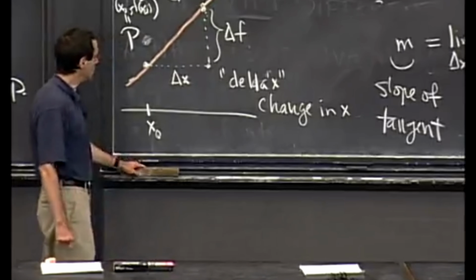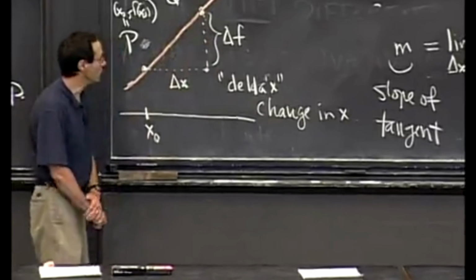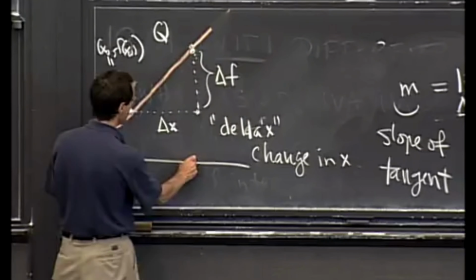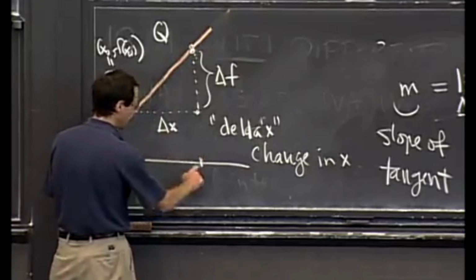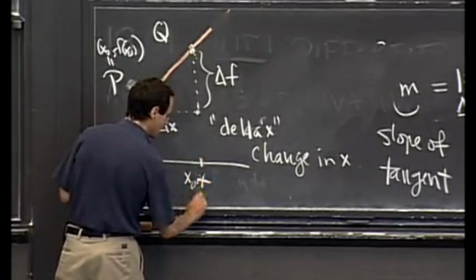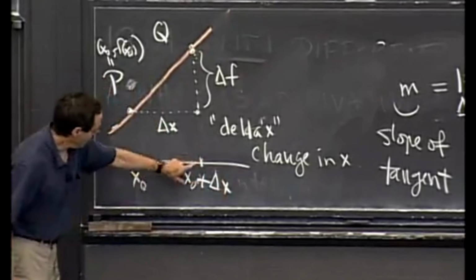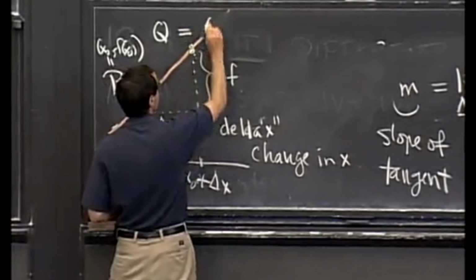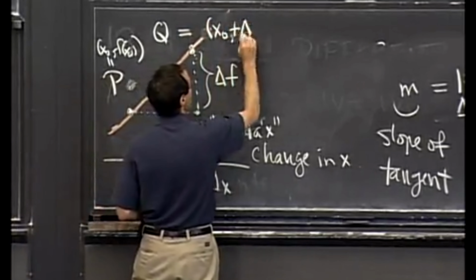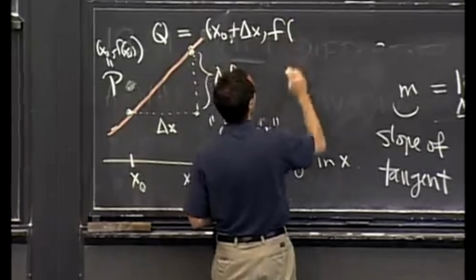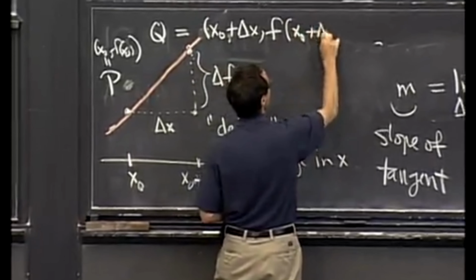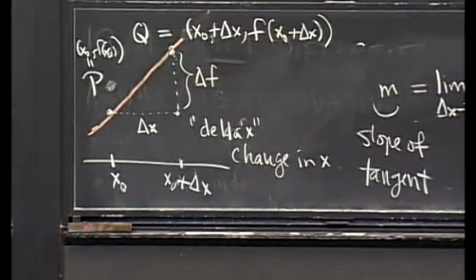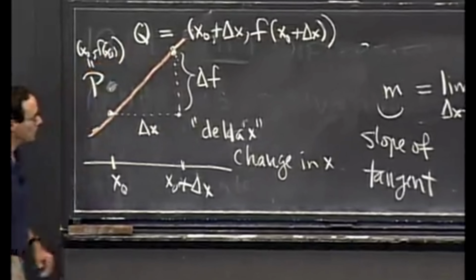And in order to compute these distances, in particular the vertical distance here, I'm going to have to get a formula for Q as well. So if this horizontal distance is delta x, then this location is x0 plus delta x. And so the point above that point has the formula x0 plus delta x, f of, and this is a mouthful, x0 plus delta x. All right, so there's the formula for the point Q. Here's the formula for the point P.